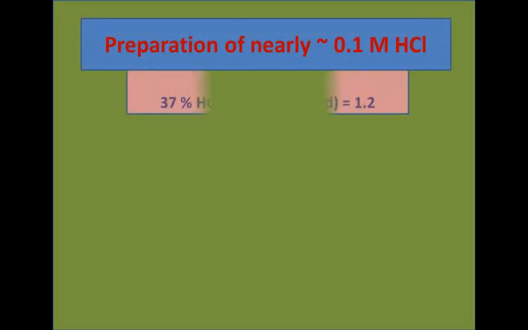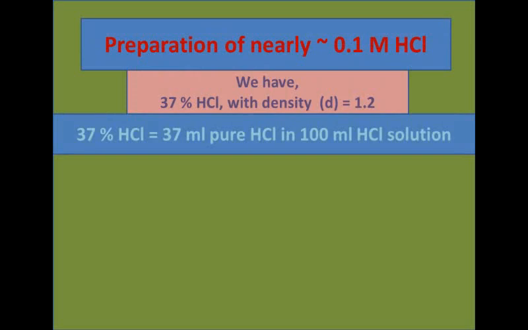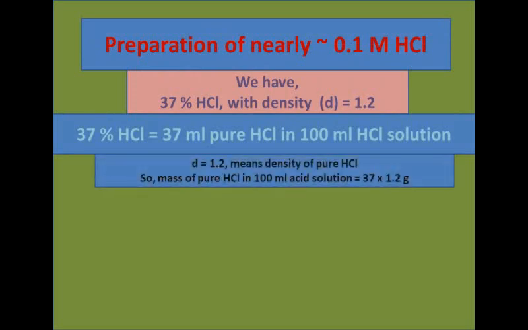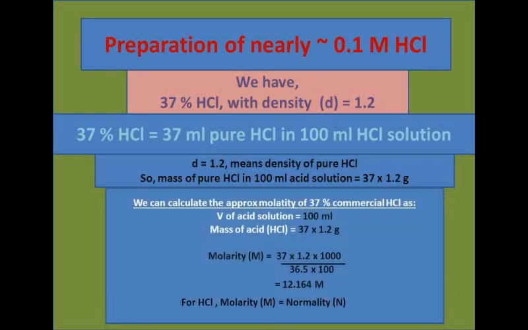To prepare dilute 0.1 molar hydrochloric acid, first of all, we need to find the molarity of the concentrated hydrochloric acid, that is the commercially available hydrochloric acid. Let's see how we can find the molarity of the concentrated hydrochloric acid that is available commercially.